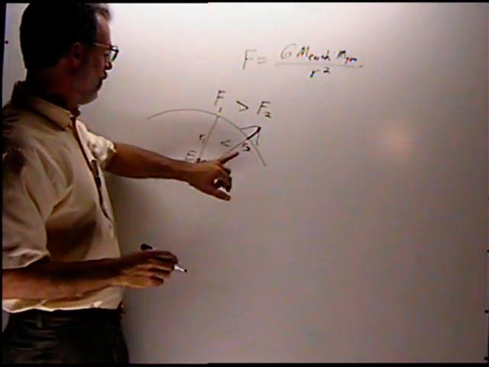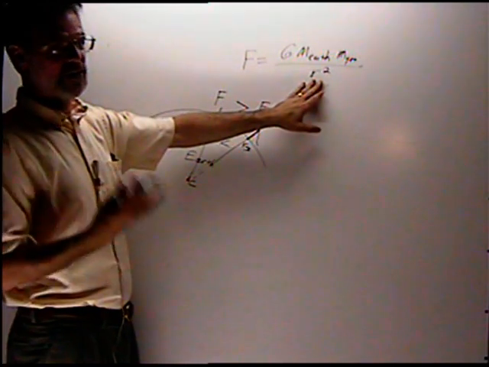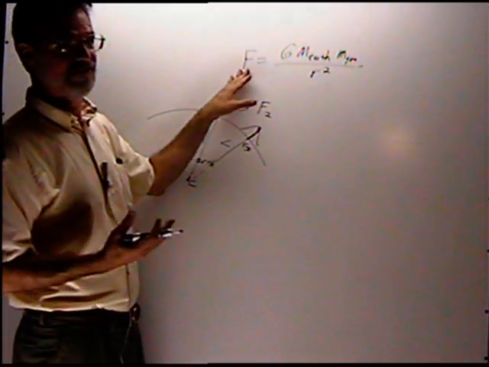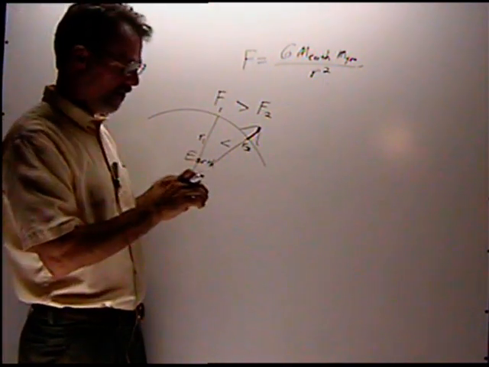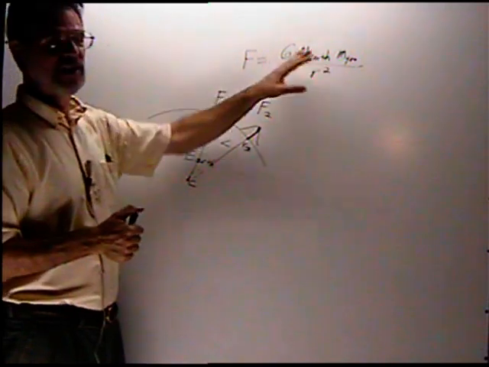If I put a larger number into the denominator and square it, it's going to give me a smaller gravitational force, all other things being equal. And that's the key to this problem, assuming that the mass is the same.